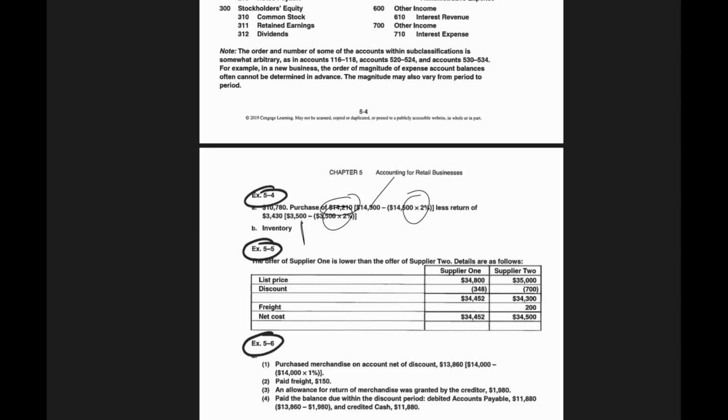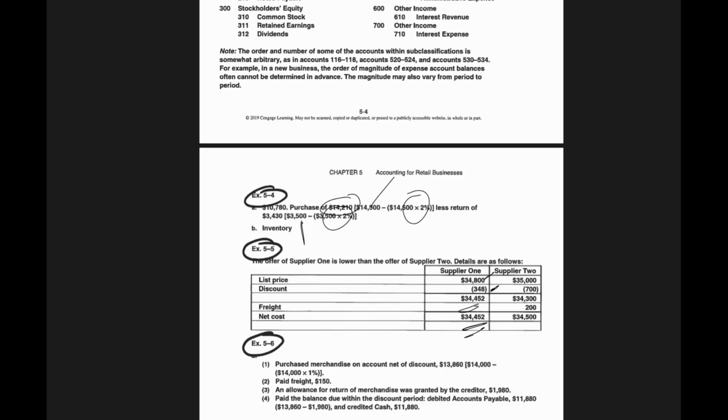Which one yields the lower price? First one, supplier 1, $34.80, and we're buying 1,000 units, so we got $34,800. There is a 1% discount, so we show the discount. There is no freight, so the net is $34,452.